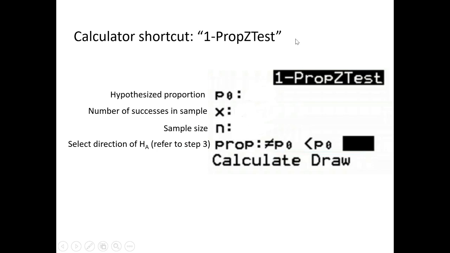All right, there is a calculator shortcut that will find the z-statistic and the p-value for you. So if you're on the TI 83 or 84, you would press Stat, then go right a couple clicks to Tests, and it's called one-prop z-test. It would ask for the hypothesized proportion, so in this case, the 0.04, the number of successes in the sample size, and then the sign in your alternative hypothesis.